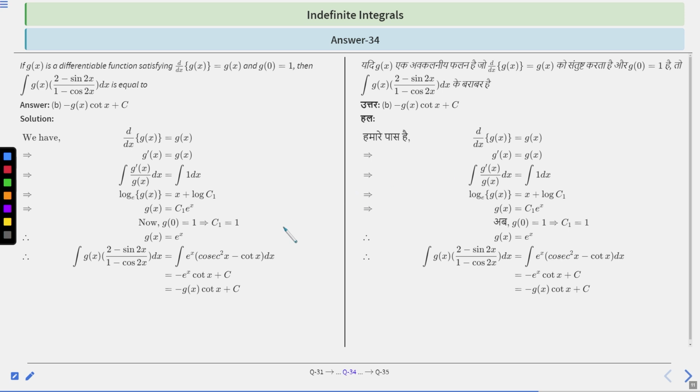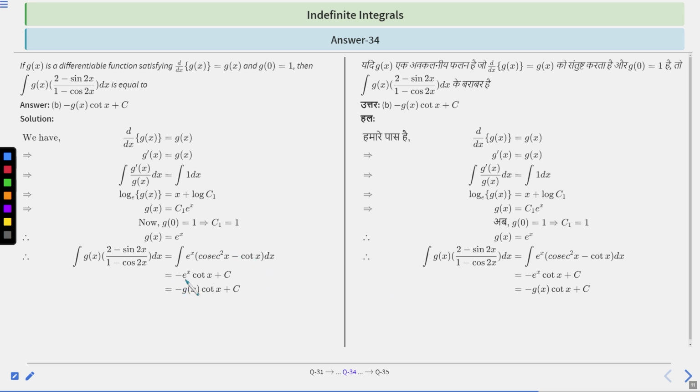Now, you can see that if you differentiate minus cot x, you will get cosec square x, right? So this equation is written in the form of e to the power x into f(x) plus f dash x, where minus cot x is f(x) and cosec square x is f dash x, right?